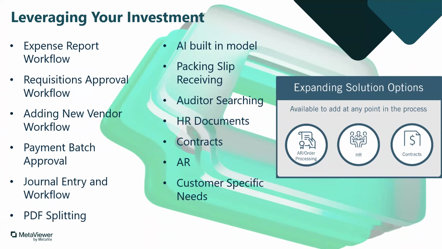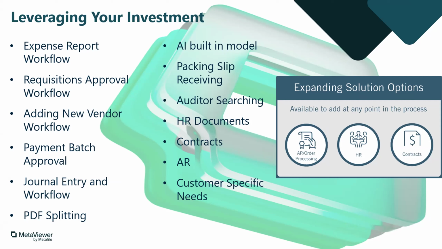The journal entry is huge, being able to write those notes and then have them stored. I mean, PDF splitting, if you're getting PDFs that have multiple invoices on them, being able to split them out as the invoice number changes, just to create that much more automation and not having to manually do it and then rescan or re-upload. This all happens naturally within the cycle.